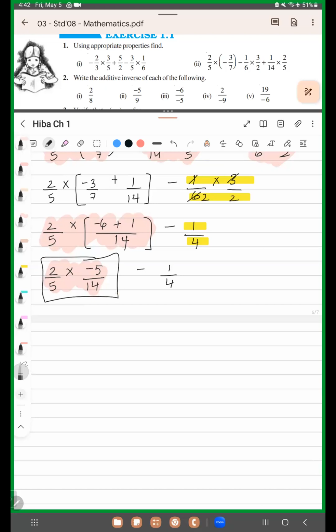Can we simplify this particular term? Yeah. It will be कैसे होगा? -10 by 70.